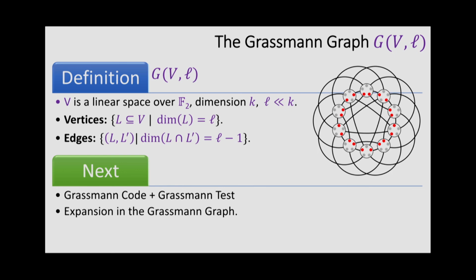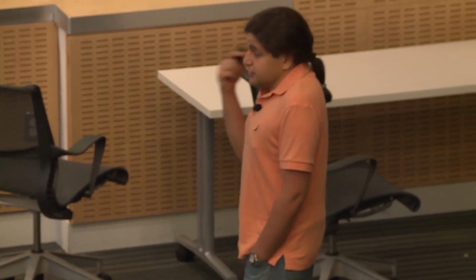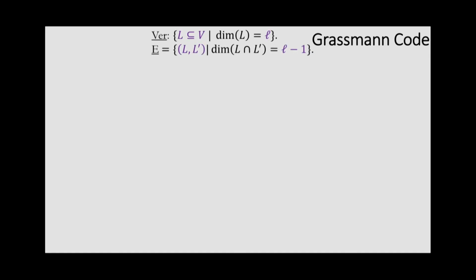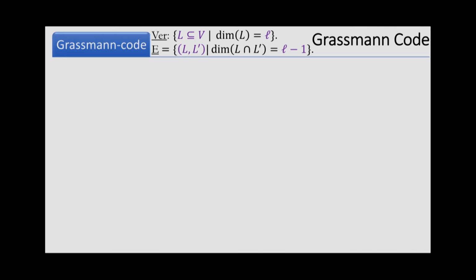Now we'll use this graph to define the Grassmann code, the Grassmann test, and then we'll discuss expansion on this graph and see how it all relates. So good, we have the vertices and the edges up at the top. Let's define the code.